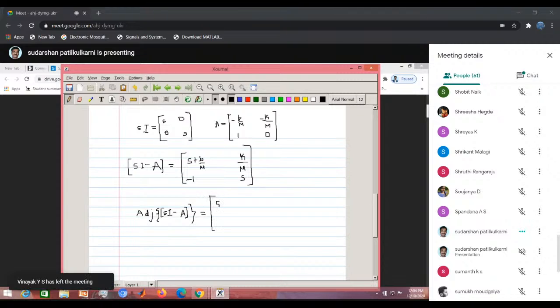So s plus B by M, and here it is going to be minus of minus 1, so it is plus 1, and here it is minus K by M. So these are all the cofactors, and you need to take the transpose of this.